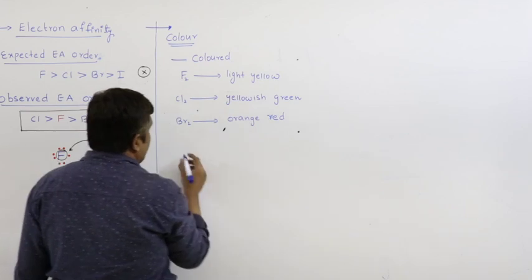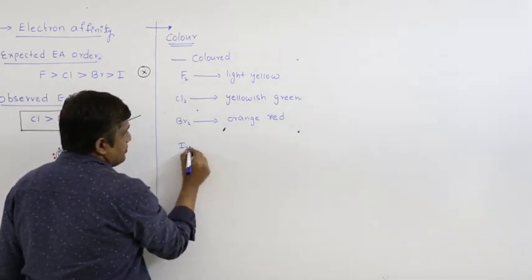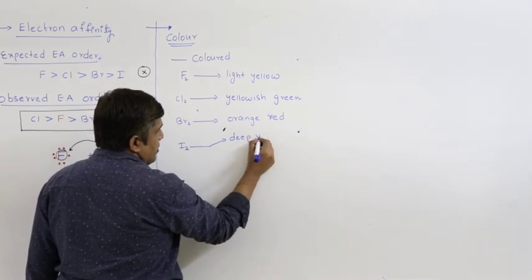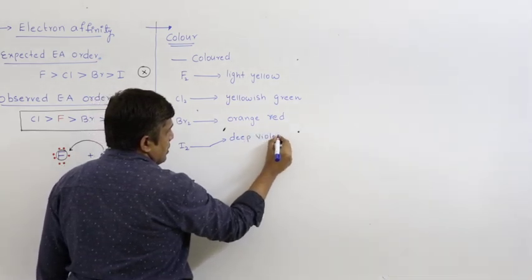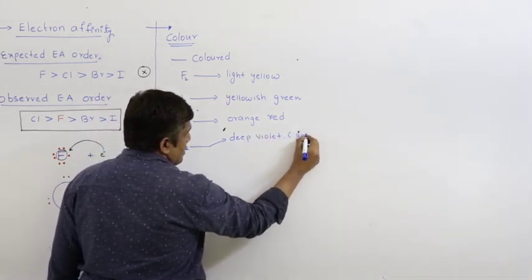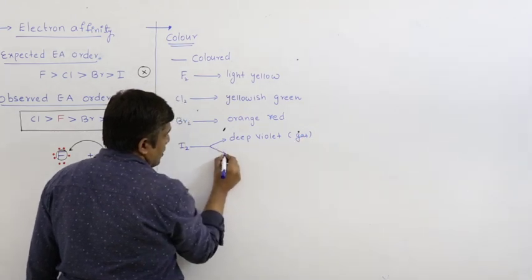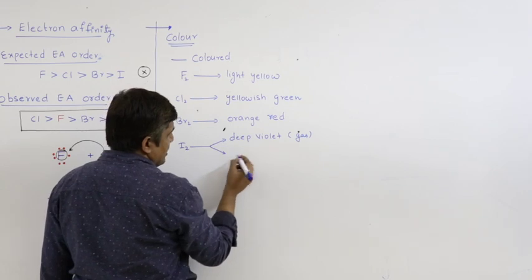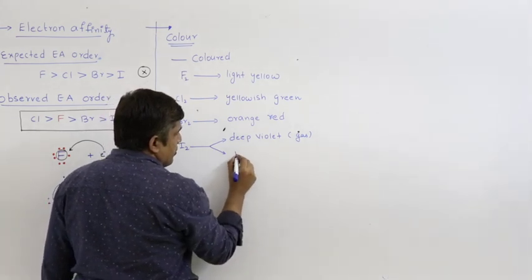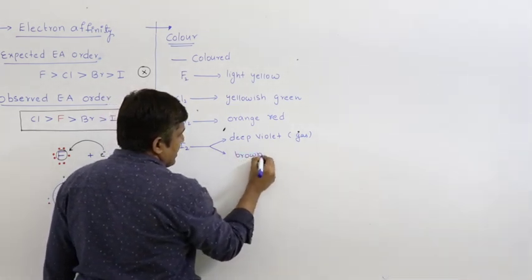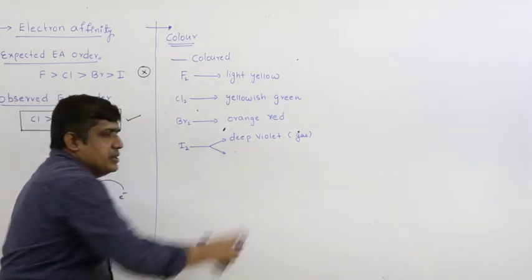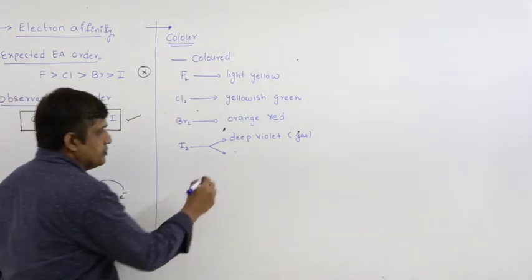Iodine, deep violet in gas phase and dark brown or blackish brown, simply writing brown, blackish brown to be correct, in solid state.